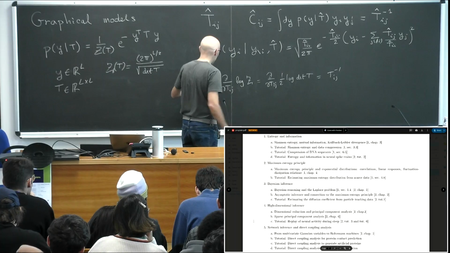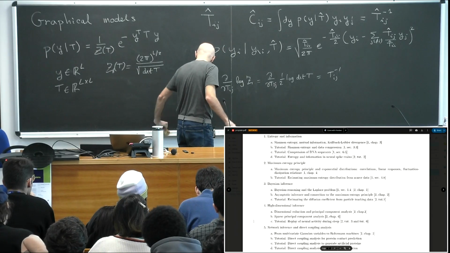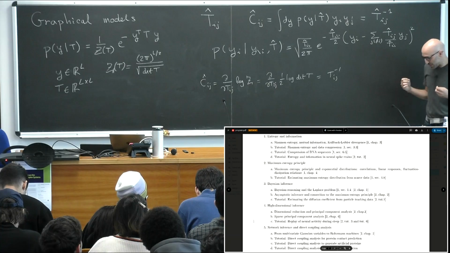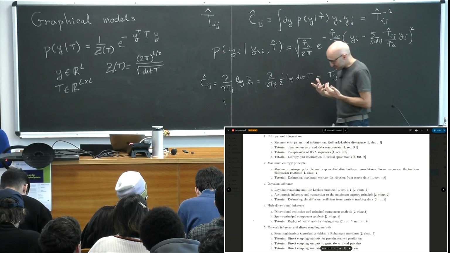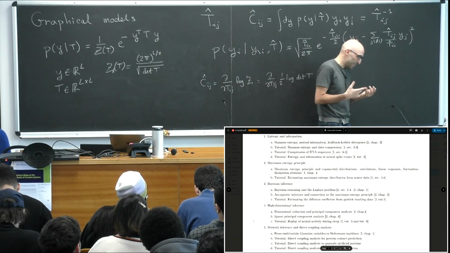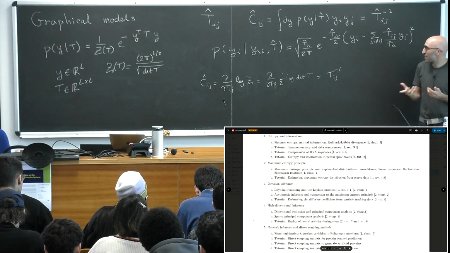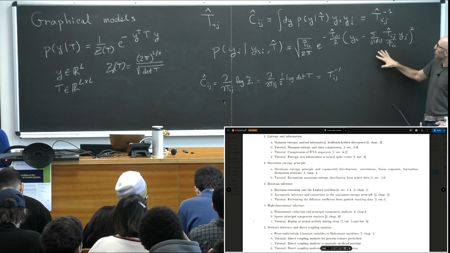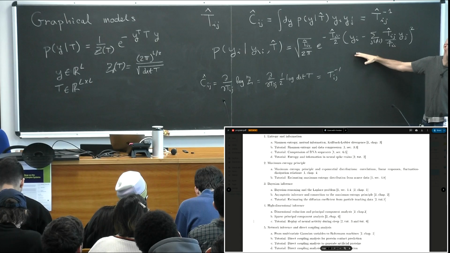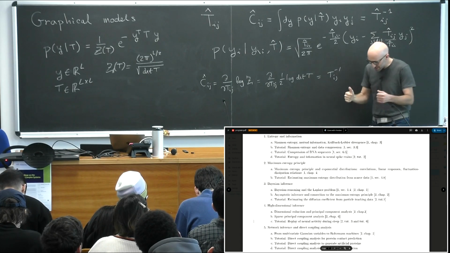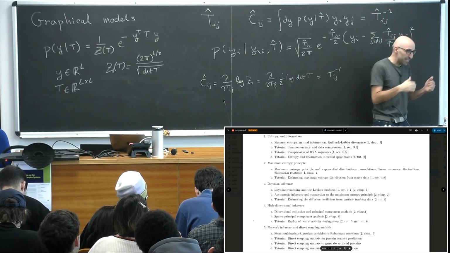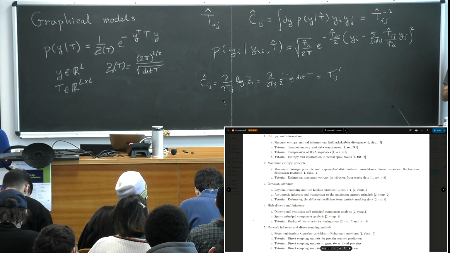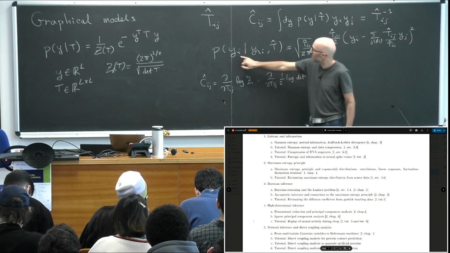Now, the other point is, what I was trying to say is that if you really want to know whether there is a direct interaction between two variables, you should look at the conditional probability. The conditional probability tells you if you fix a certain variable, do you have an effect on the one that you're looking at, right?